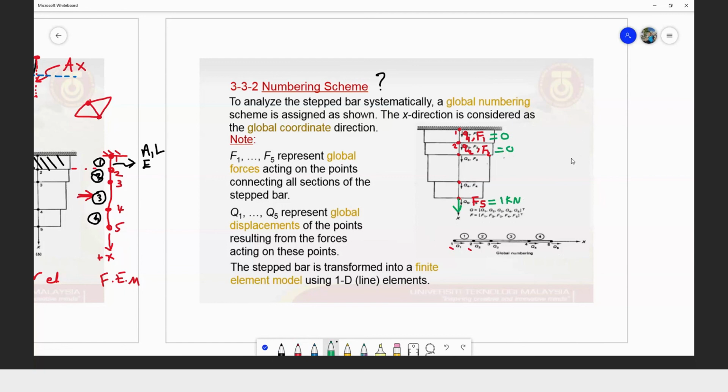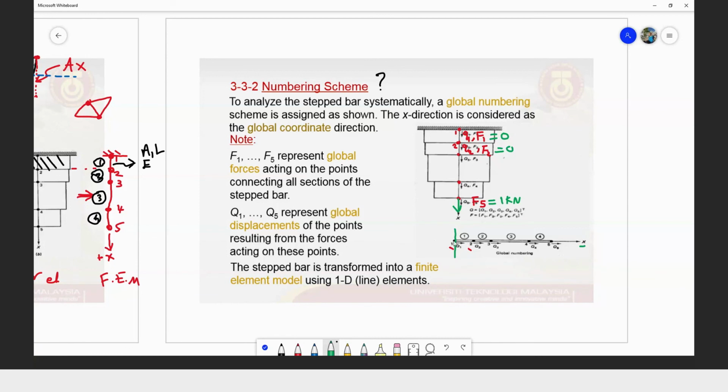But you have to understand how we label the element. We label the nodes of our structure. Usually, the numbers start according to the directions of our axis. Let's say this is the start of our structure, and our x is in the right direction.